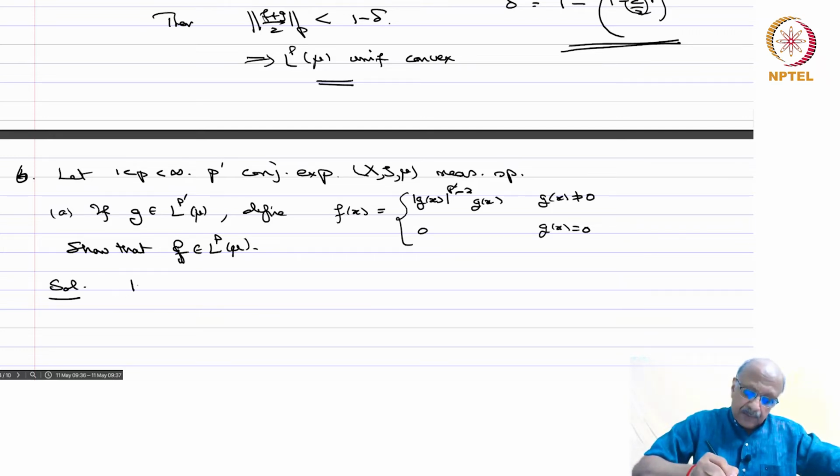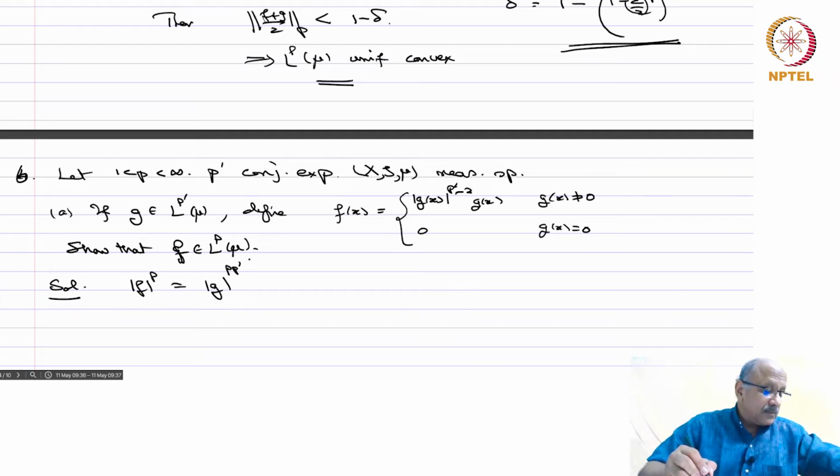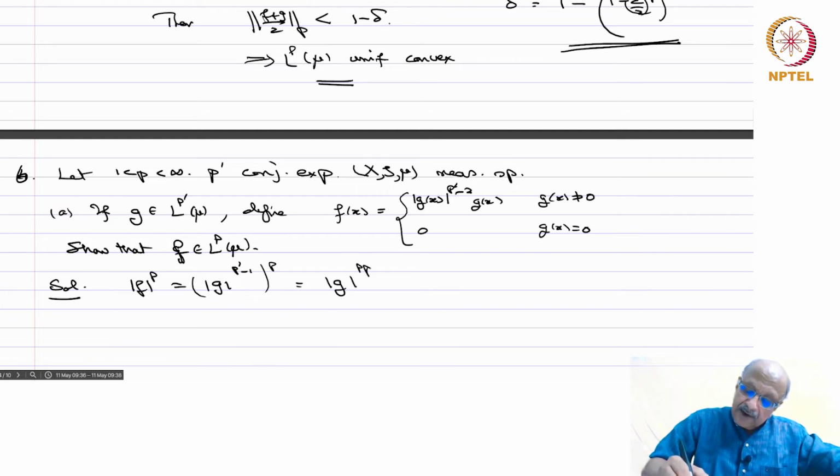So mod f power p equals mod g power (p dash minus 1) whole power p, which is equal to mod g to the power p p dash minus p, which is equal to mod g power p dash, because 1 by p plus 1 by p dash equals 1.